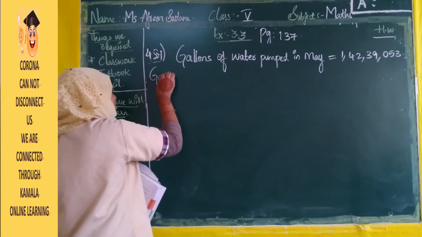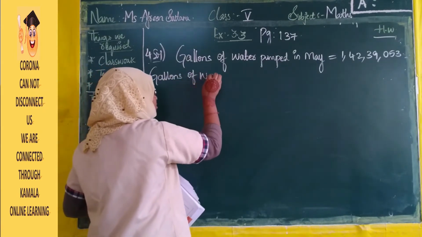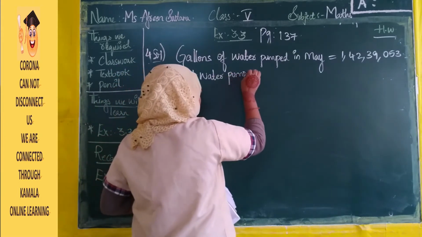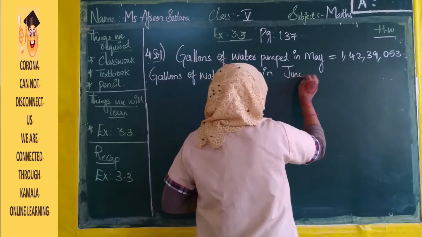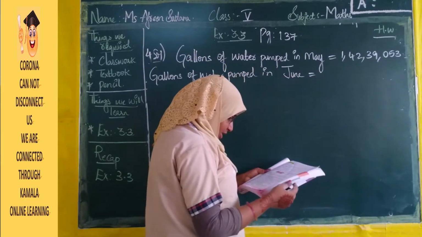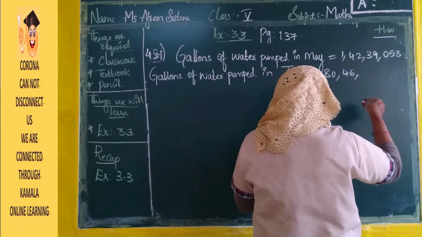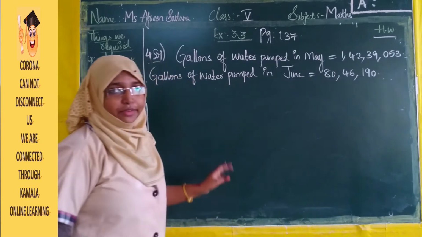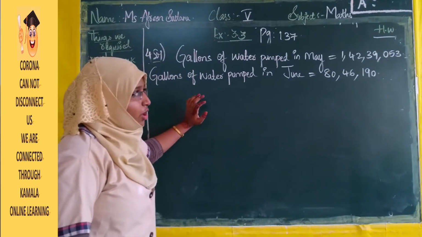See again, gallons of water pumped in June. How much it has been pumped? That is 80,46,190. 80,46,190 gallons of water pumped in the month of June.